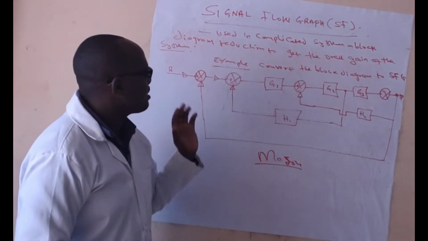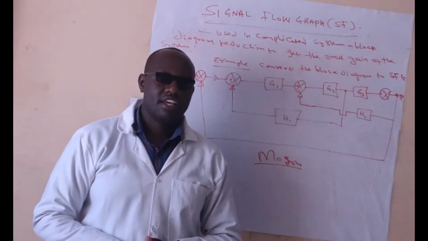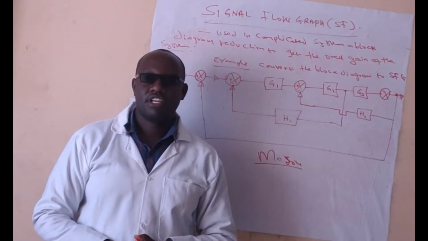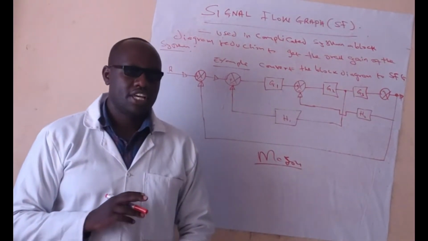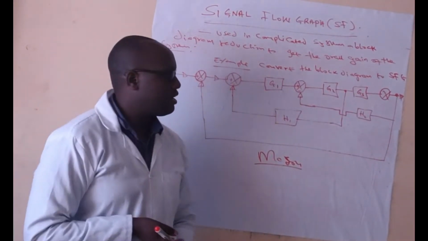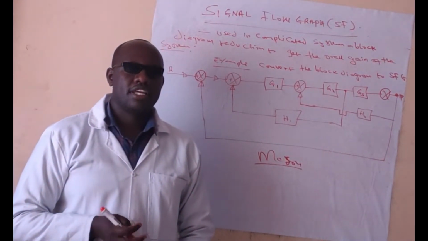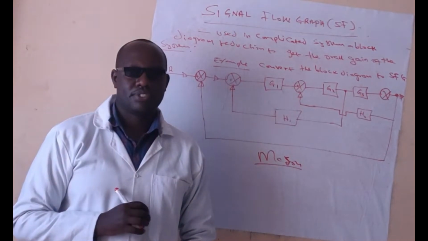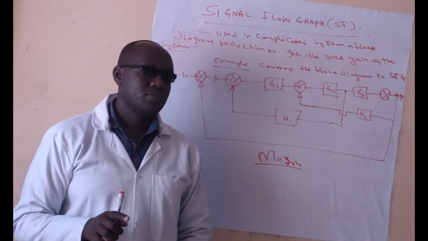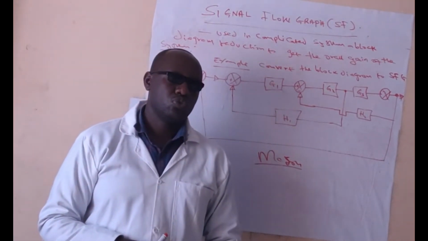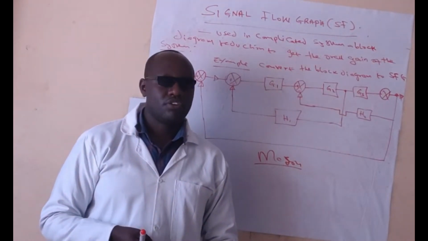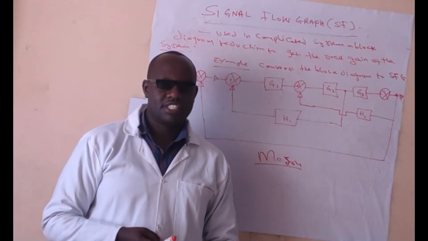As I've indicated here, the signal flow graph is used to help reduce complicated block diagrams. The main purpose is to come up with the overall gain of the system.